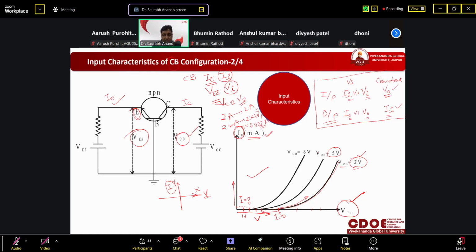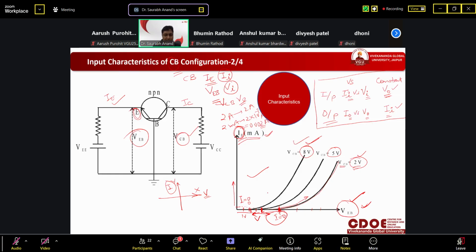Again, we increase the output voltage value. This was again decreased. So in the case of common base characteristics, a higher output voltage will give the current at a lower voltage value. At a lower value of VEB, we get the value of IE. In this case, it was 0 till this point. In this case, it was 0 till this point.